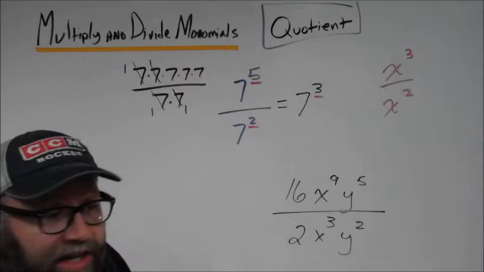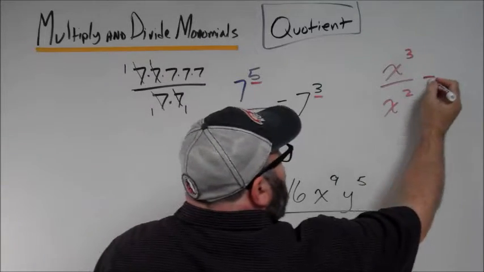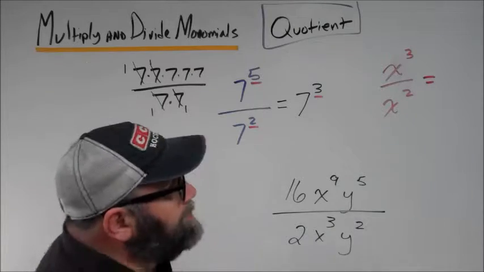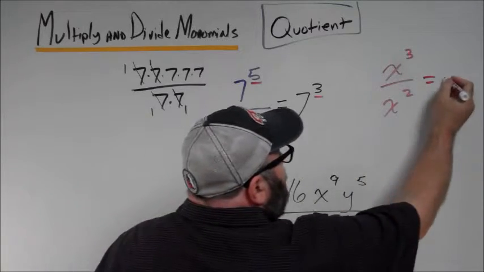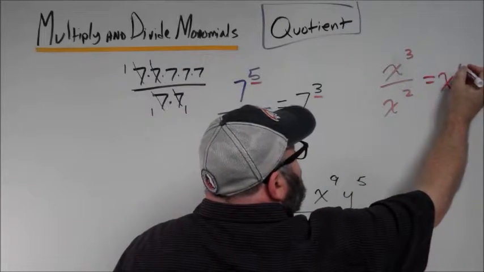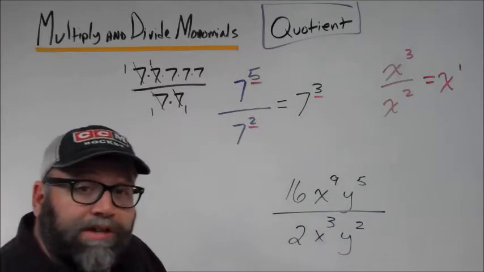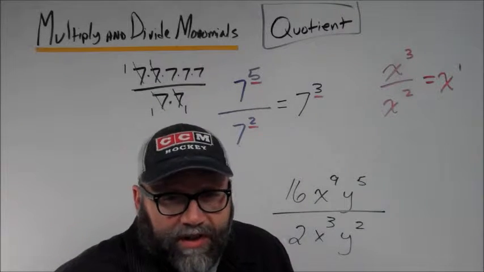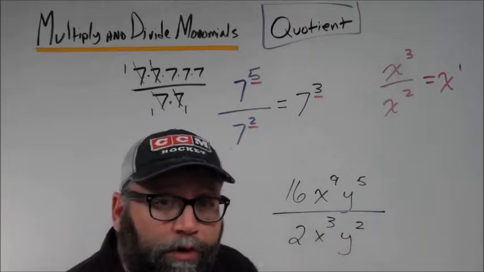Let's take that to the next problem. We have x to the 3rd divided by x squared, which means our algorithm tells us that our base is going to stay the same, and then we'll have 3 minus 2, which leaves us 1. X to the first we know is just x. We usually don't write the first because we don't necessarily have to. It means the same thing for both, and we save the ink.